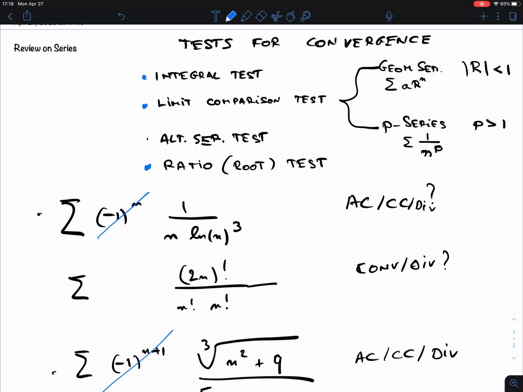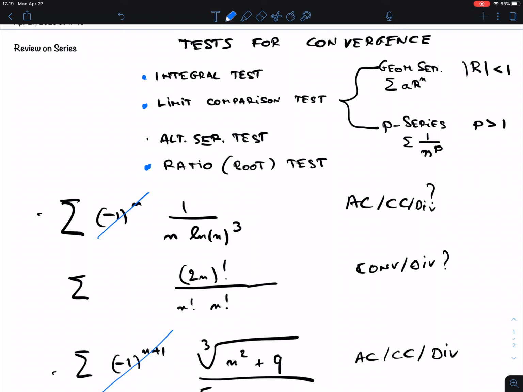I should be honest, I would always try to see whether I can use the ratio test, because it's somehow the most powerful of all. Unfortunately, for the first one, it's a very bad one. If you have combinations of logs, it doesn't work.